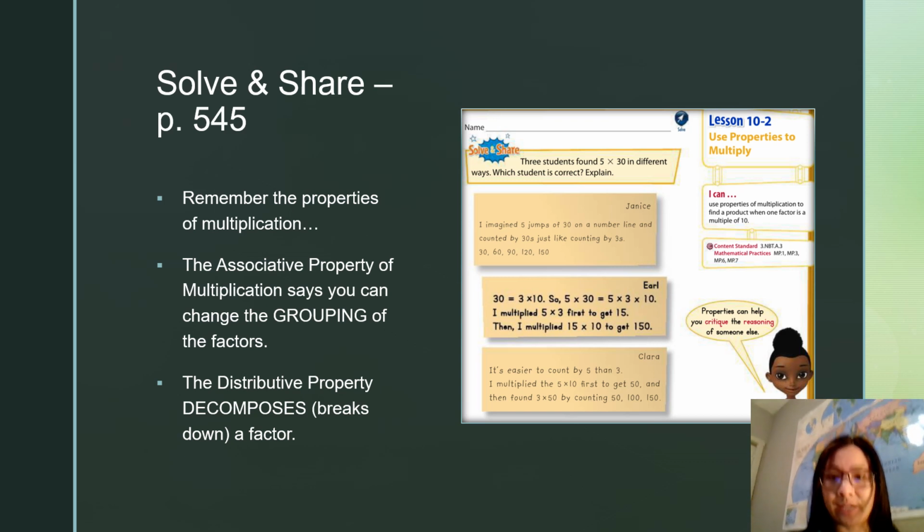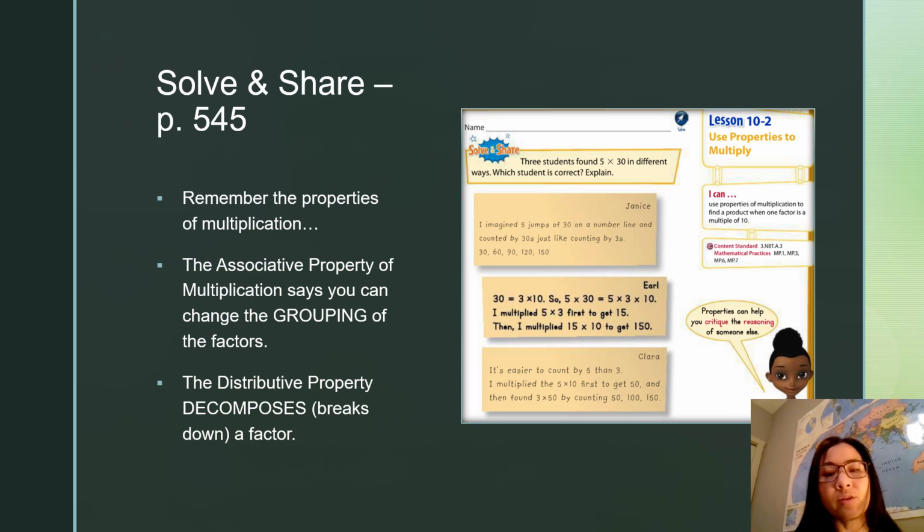Let's look at the student named Clara. She wrote, it's easier to count by 5 than 3. Yeah, I'd have to agree. I multiplied the 5 times 10 first to get 50. And then I found 3 times 50 by counting 50, 100, 150.